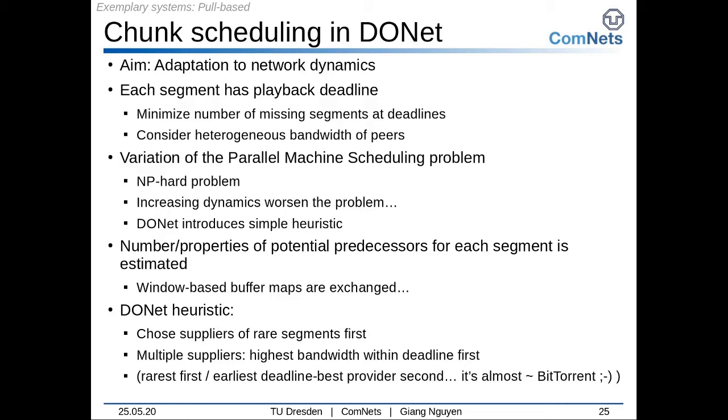And the second reason is that by requesting the rare packets right away, the chance that the packets will be more available within the system will be increased, thus helping the dissemination of those packets amongst the peers.